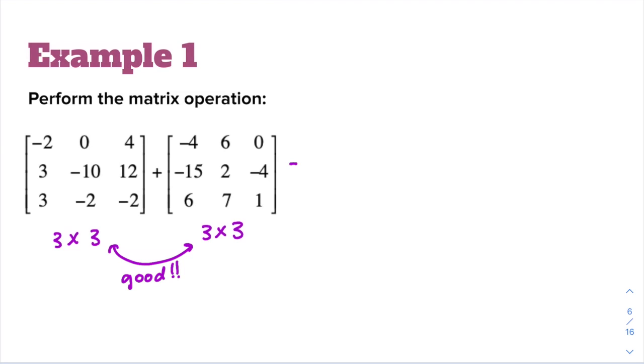So now what we're going to do is make another matrix, and in this matrix, we are going to show the operation for each element. So my new element 1,1 is going to be what I get when I add up -2 and -4. So it'll be -2 plus -4.